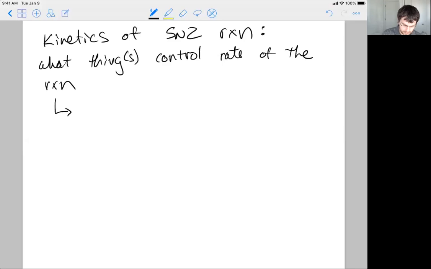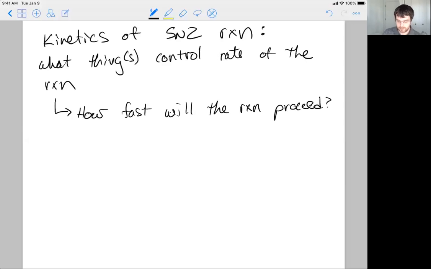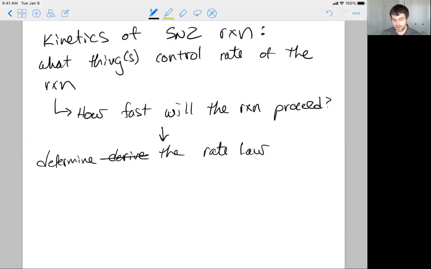I want to know that because I want to know how fast the reaction will proceed. To answer the question of how fast a reaction will proceed, we need to determine the rate law.